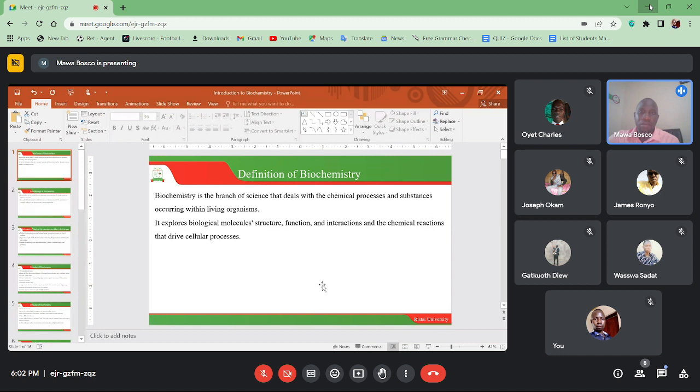Okay, so for all those molecules that I've talked about, the proteins, the carbohydrates, and then the lipids, and then the nucleic acid, they are basically made up of four major elements: the carbon, hydrogen, oxygen, nitrogen. So for example, you look at what we call the organization of organisms.